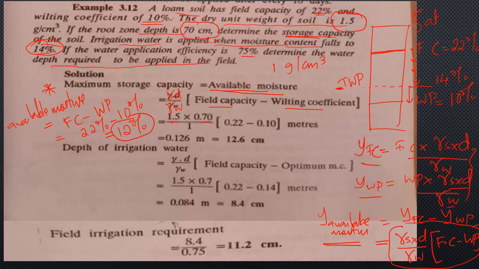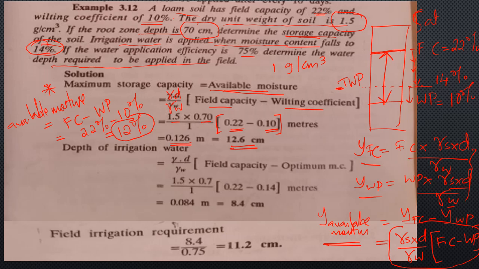That is multiplied by field capacity minus wilting point, that is field capacity 22%, so 0.22 minus 0.1. Solving that you will get the depth corresponding to available moisture as 0.126 meters, equal to 12.6 centimeter. So that is the depth of water corresponding to available moisture, that is Fc minus Wp.